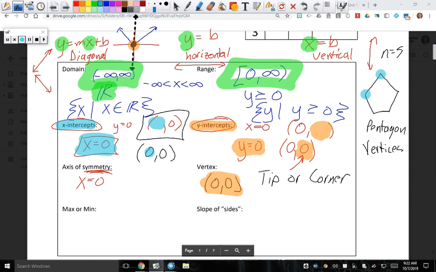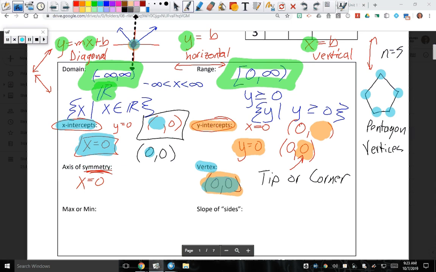The tips, the corners, the angles. Okay? So a vertex is the singular form of vertices. You with me? Like radius is one, radii or radiuses, whatever. I'm just making that up. So vertices is the plural form for a singular vertex. Okay? So that's what that 0, 0 comes from.